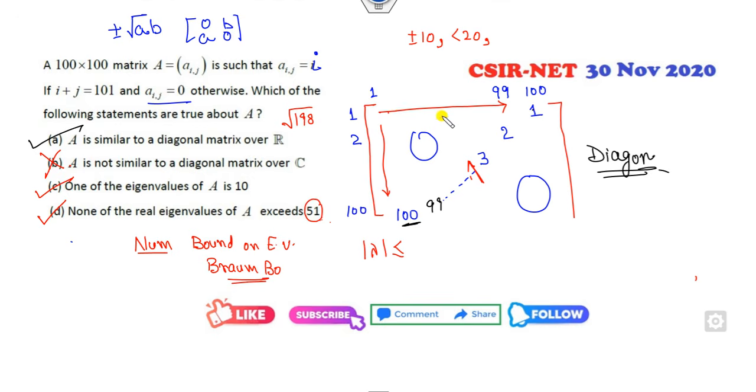So what is the sum of the elements apart from the diagonal? 1, column 100. So the minimum is 1. Similarly, for the second, it's 2, then 99, and so on. The last number will be less than 50. So clearly the upper bound of this eigenvalue will be less than or equal to 50. So that means none of the eigenvalues exceeding 50 is the correct option. A, C, D are my right answers.